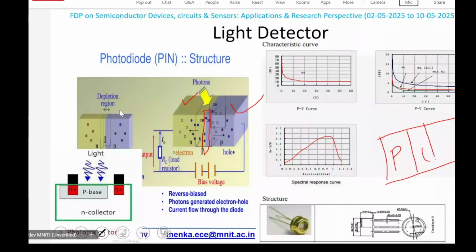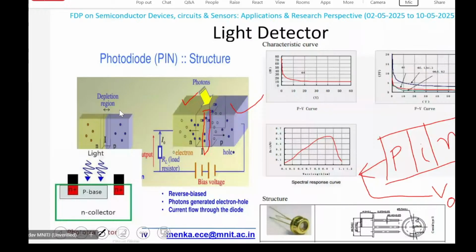Now you have to put your contact over here and you have to put your contact over here. And if both of these are connected, if you want to find out the voltage across these two points, that is the open circuit voltage. If you want to see the current through it, that is known as the short circuit current.